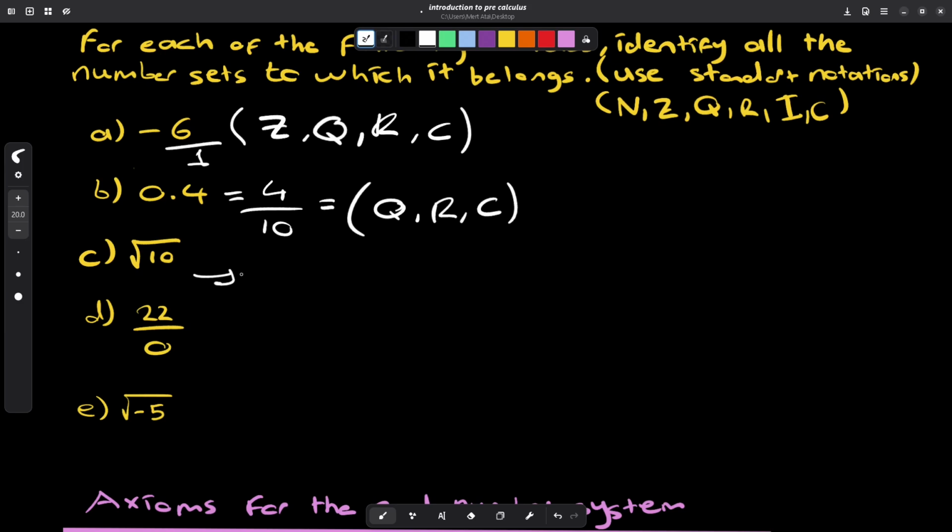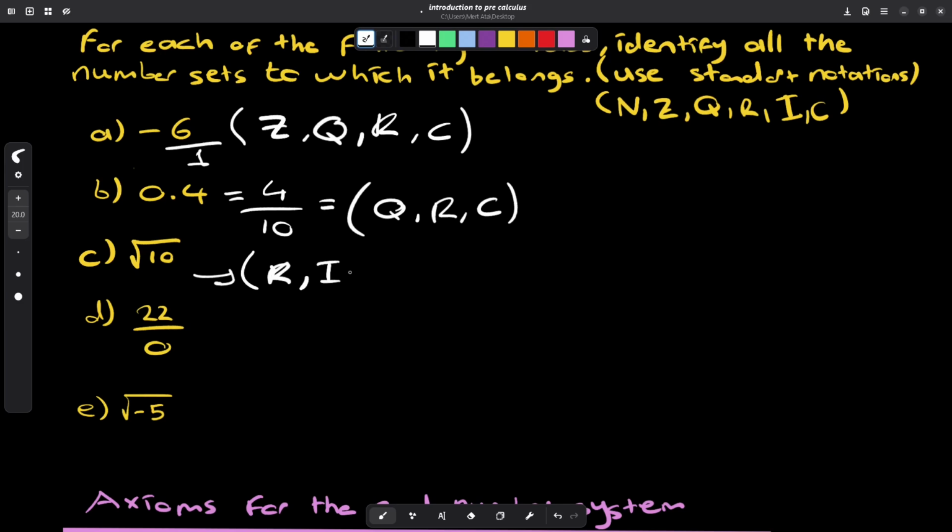Root 10, square root 10. First of all, it's not a natural number, it's not an integer, it's not a rational number. It's a real number though. And since it's not rational, it's irrational, right?